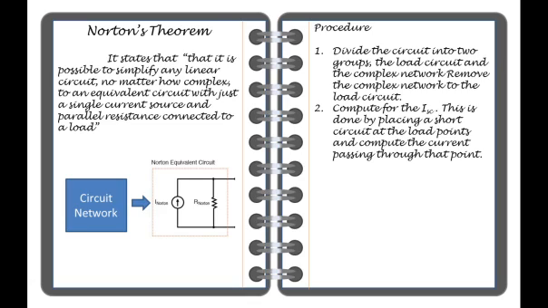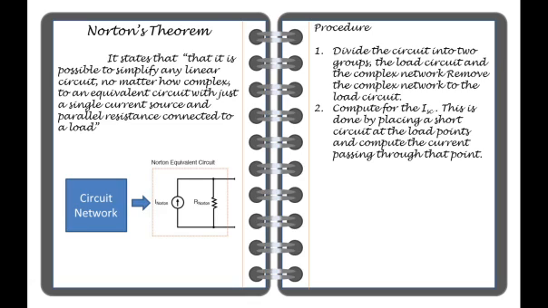How we compute the Norton's current is simply by putting a wire on the open circuit portion where the load is connected, and computing the current that flows through that point. The current that flows through that point is what we call the current ISC, or the short circuit current, and it is the value of the Norton's current.